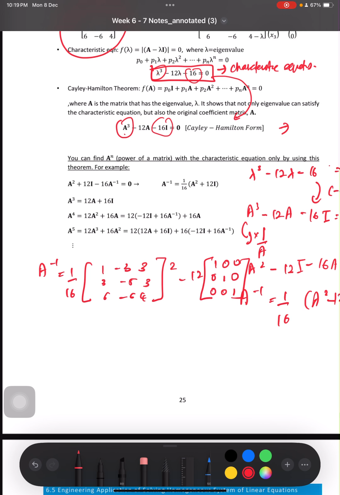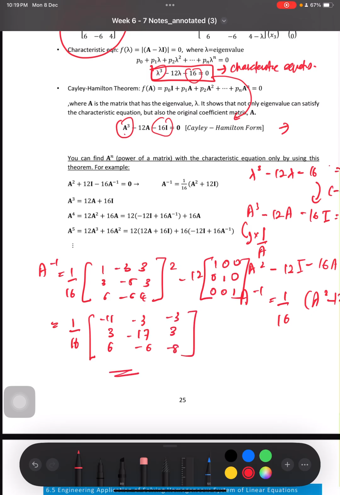So you will get the answer 1 over 16 of negative 11, 3, 6, negative 3, 17, negative 17, negative 6, negative 3, 3, negative 8.